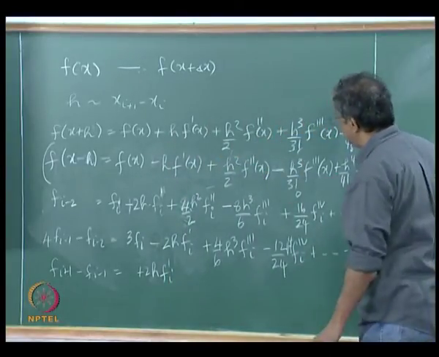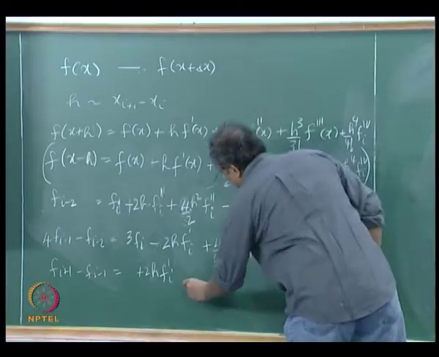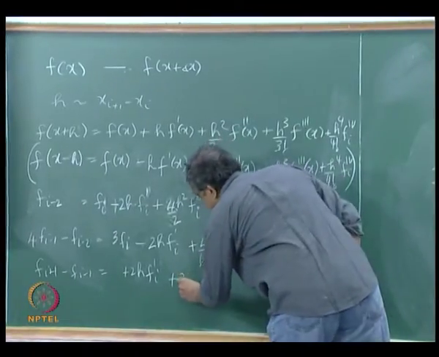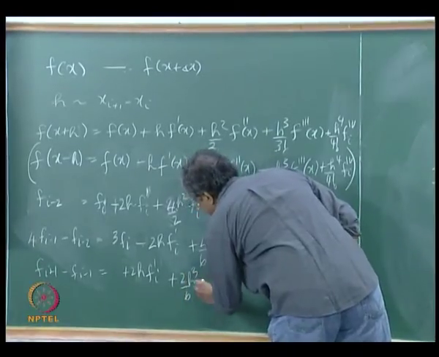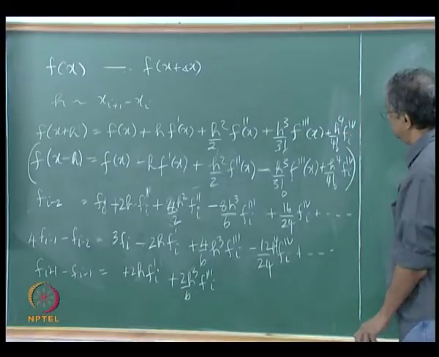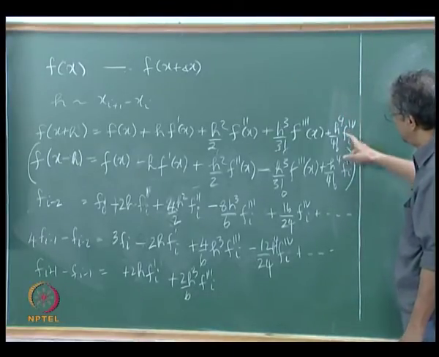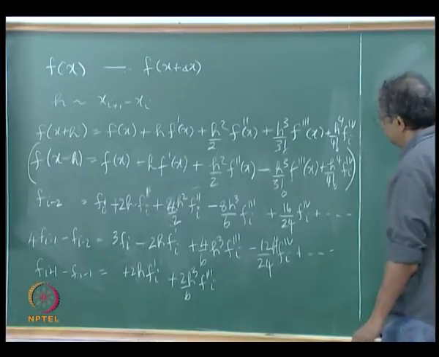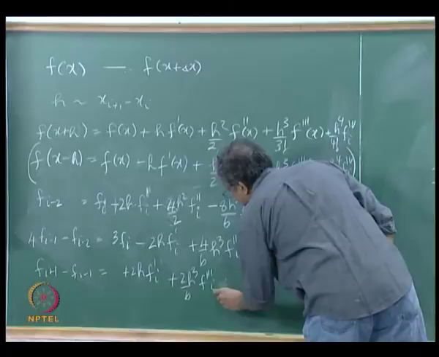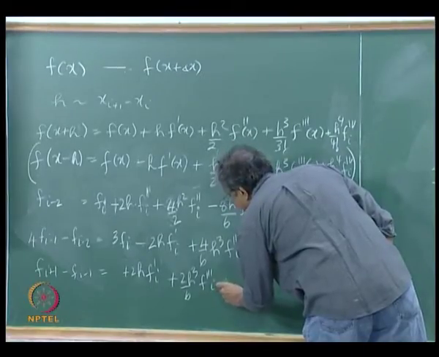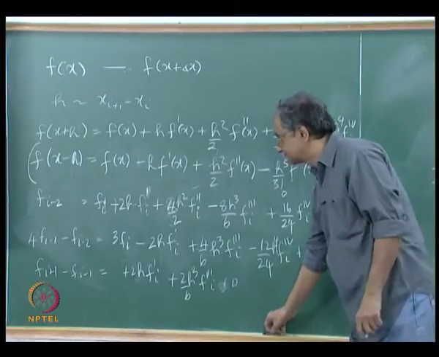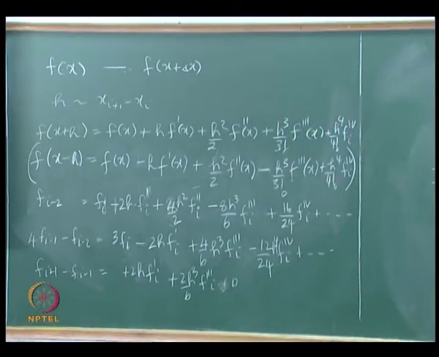This quadratic term cancels out, plus 2h cubed by 6 f triple prime at i. And what happens to the fourth derivative? The fourth derivative cancels, plus 0. Okay, let us move on.